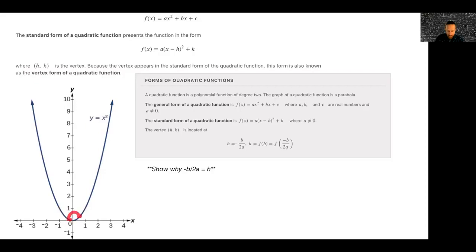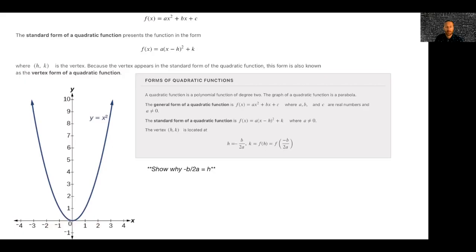Well, that point where it changes from decreasing to increasing is very important to us, not just for quadratics but for all functions, especially in calculus. It is so critical to find that value, which in this graph is a minimum, that we're going to call it a critical point.